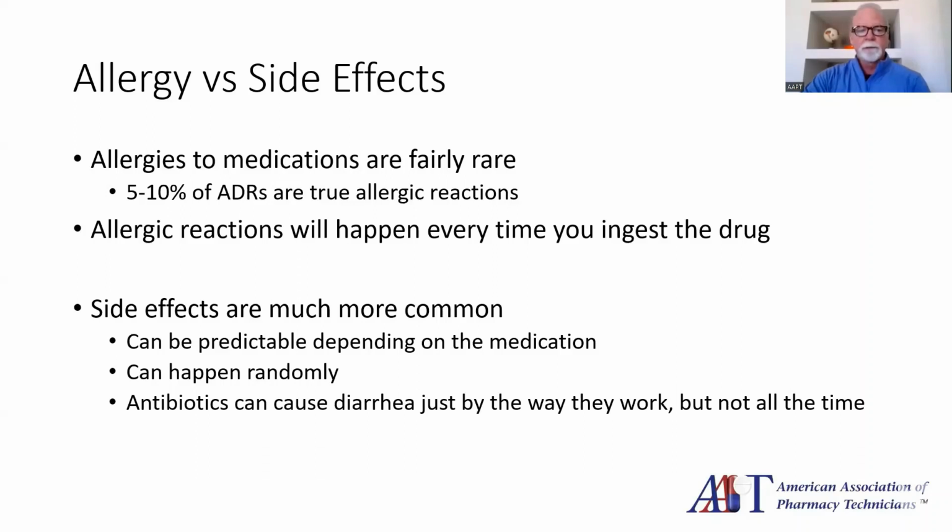So these are what side effects are known for. A good example is antibiotics can cause diarrhea just by the way they work in the body, but that might not happen all the time. So that's kind of a predictable side effect that this medication can do.